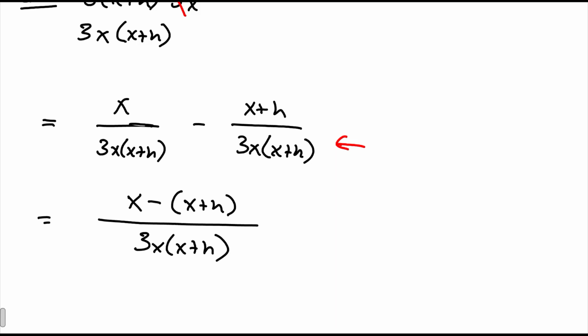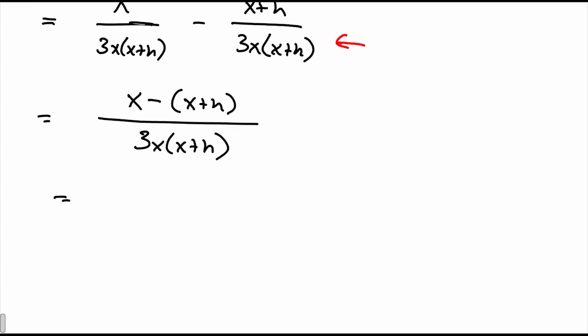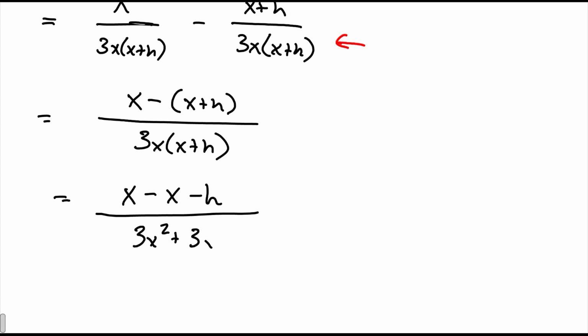Since they have the same denominators, you could add and subtract the numerators and keep the same denominator on the bottom. So now, on the top, I would have an x minus x minus h all over. If you wanted to multiply this out on the bottom, you are more than welcome to. 3x squared plus 3xh. It makes it look a little neater.